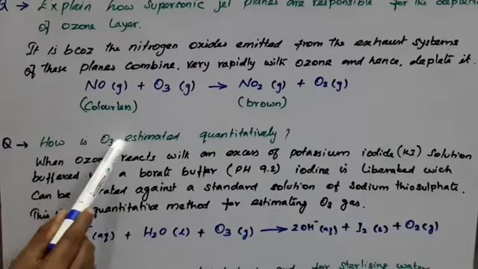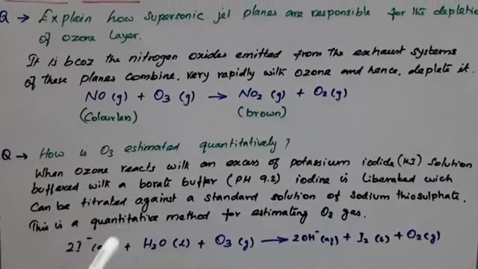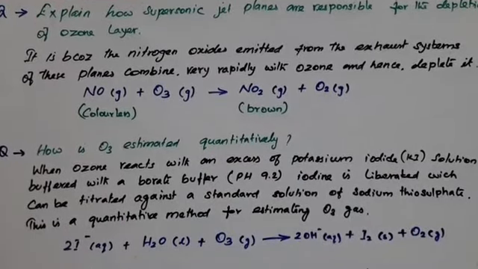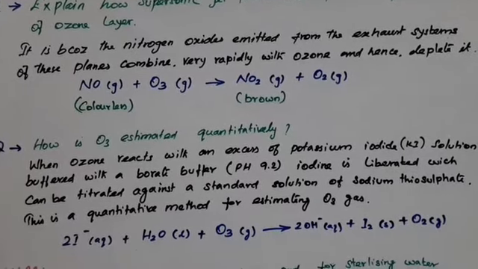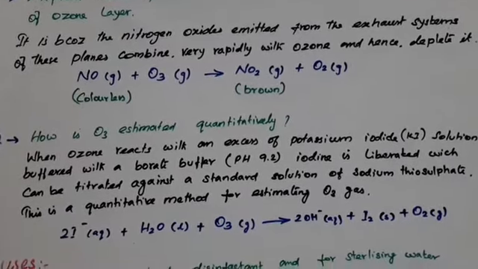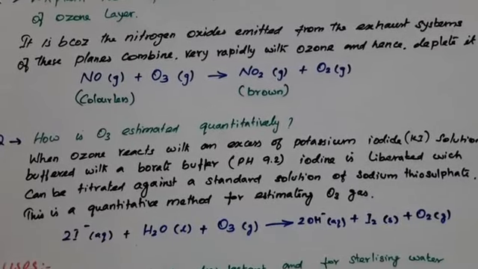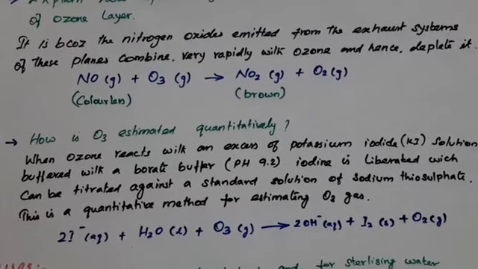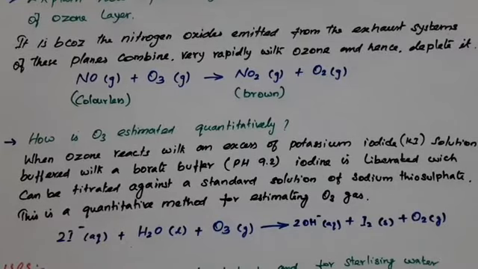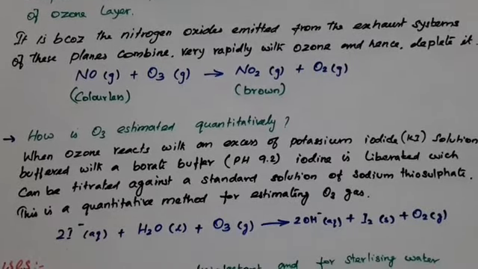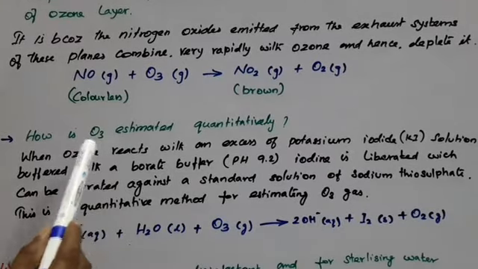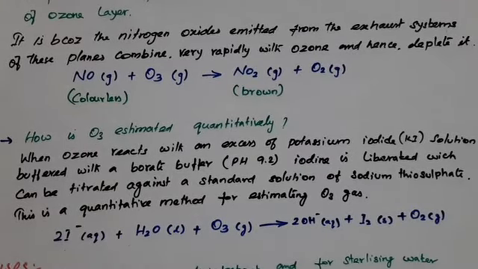And how is O3 estimated quantitatively? Quantitatively means the titration part. We know qualitative analysis and quantitative analysis. Qualitative means salt analysis, like the color of the salt, solubility of the salt. Here quantitative means how much amount can be determined.